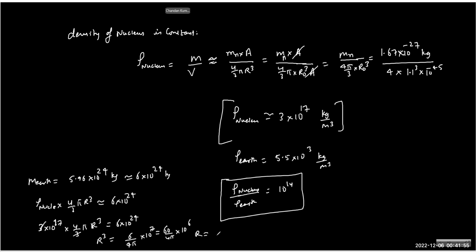So r equals to the cube root of 60 by 4 pi into 10 power 2 meter. Let me tell you the value: 60 by 4 pi is 1.68.